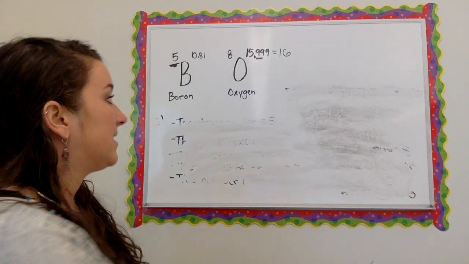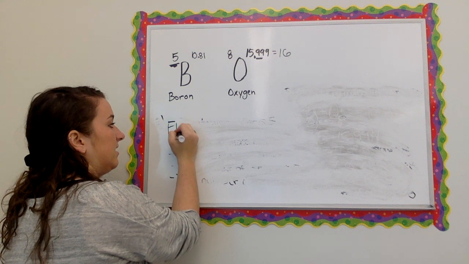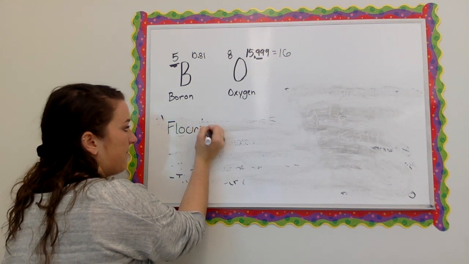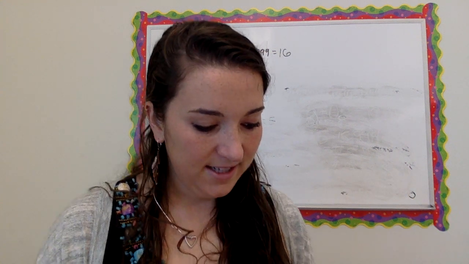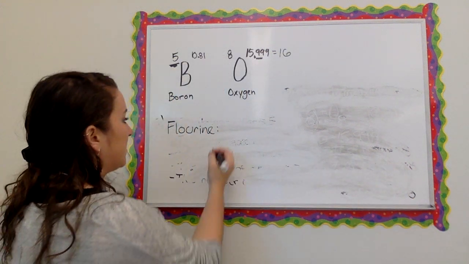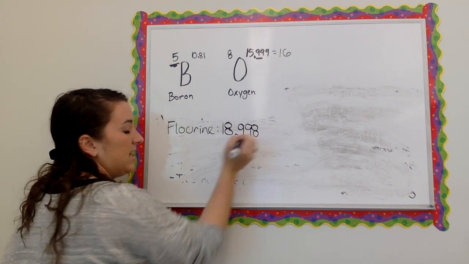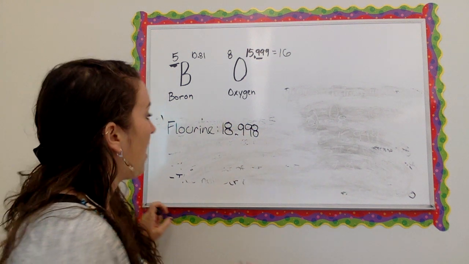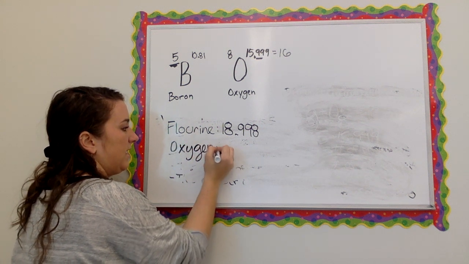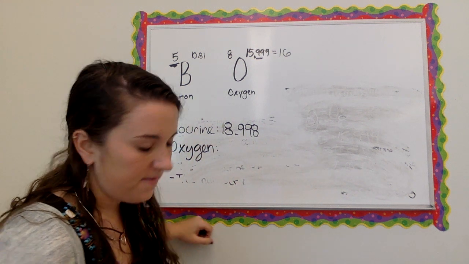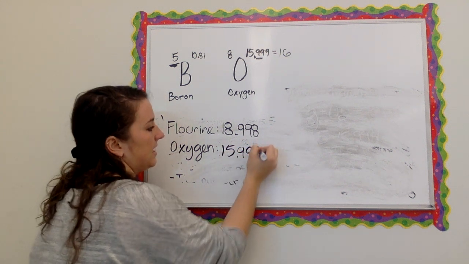So the atomic mass of fluorine is, on the sheet, remember it's the bigger number because it's the total mass, the atomic mass. So the atomic mass of fluorine is 18.998. The atomic mass of oxygen is 15.999. And I'm looking for the sum.